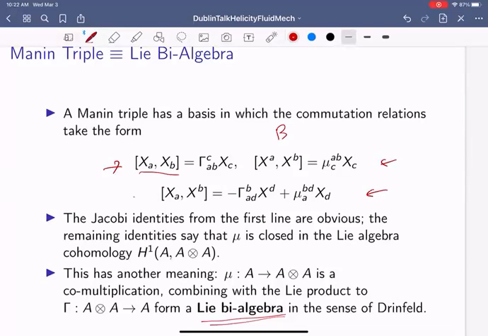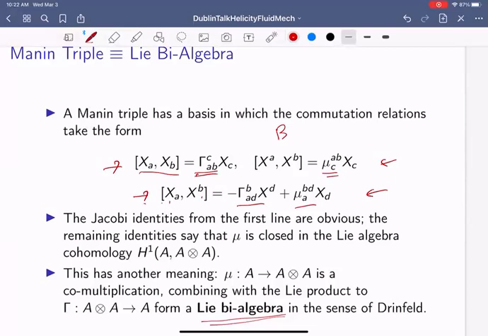Then you can prove that the mixed commutator, the commutator of something in A with something in B, must have this form. In other words, the mixed commutators are completely determined by the invariance of the inner product and the commutators in A and B. The structure constants in A and the structure constants in B completely determine the mixed commutators.